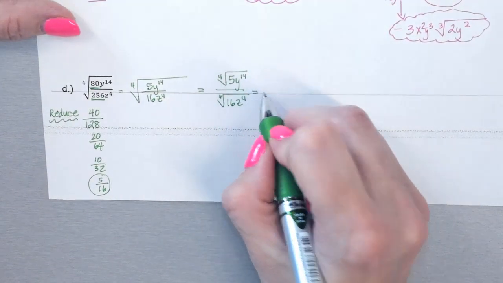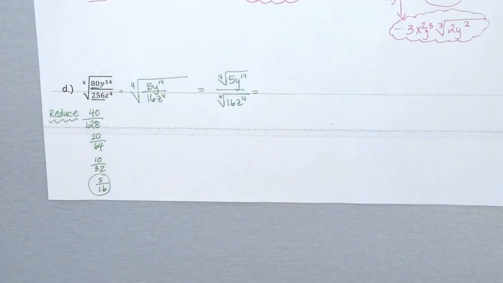Okay, and I want you to try to simplify the numerator and the denominator. So I'm going to give you a moment now to do that if you haven't already. If you have already simplified it, please look at your final answer.